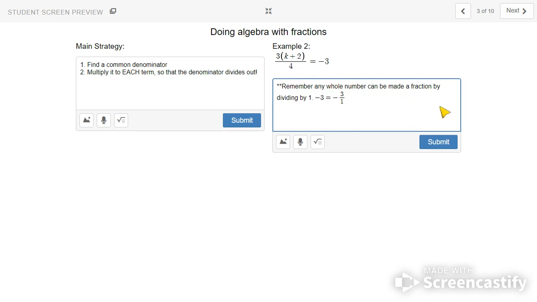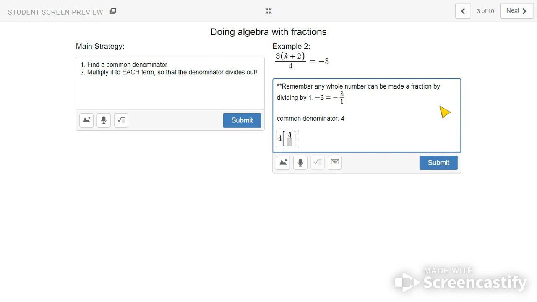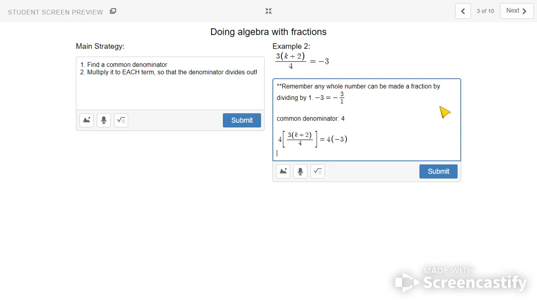We have 2 terms, and our common denominator in this case between 4 and 1 is 4. I'm going to multiply 4 to each of the 2 terms. So we have 4 bracket 3 times k plus 2 divided by 4, close the brackets, equals 4 times negative 3.